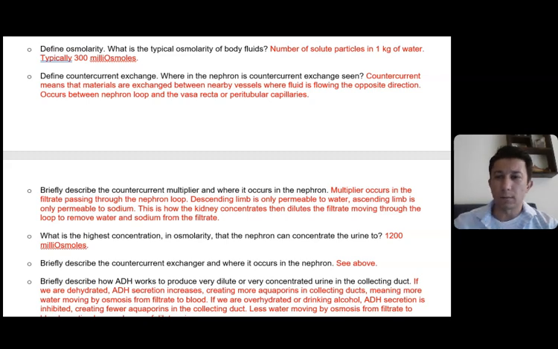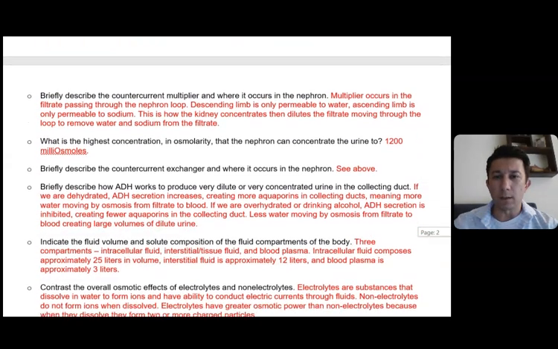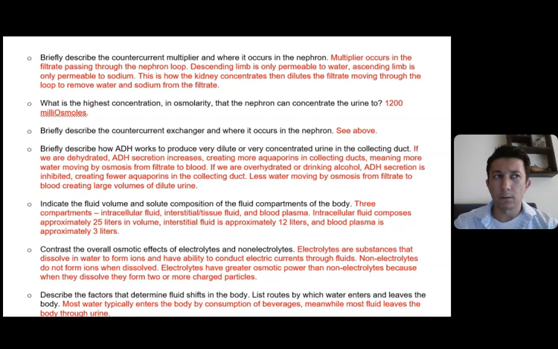In our next bullet point, we saw that the nephron loop is capable of concentrating and then diluting the filtrate within it for the purpose of pulling both water and sodium out of the filtrate so that they can be put back into the bloodstream. We call this mechanism the countercurrent multiplier.